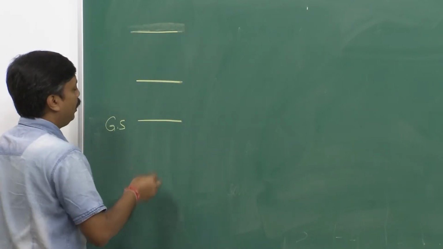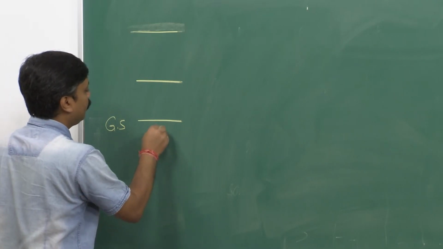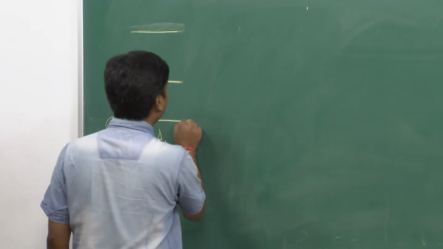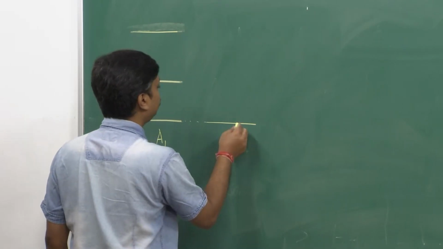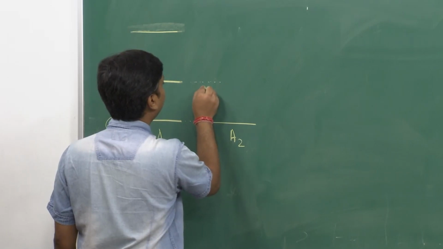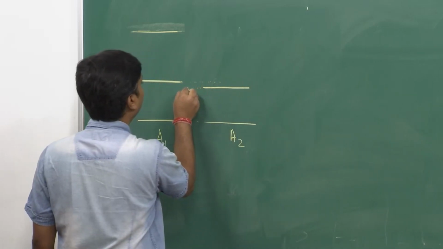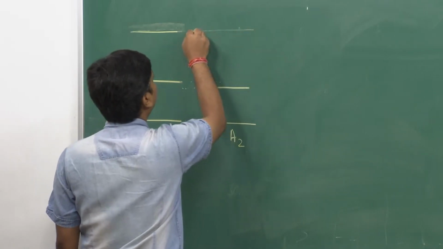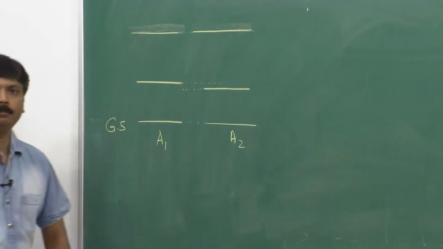This is for, say, my atom or my isotope 1, and then I have my isotope 2. The dissociation level and the ground state are the same.